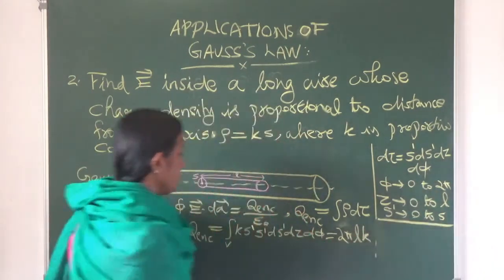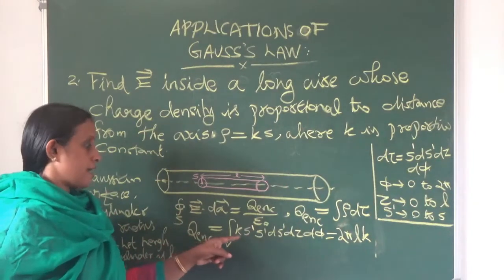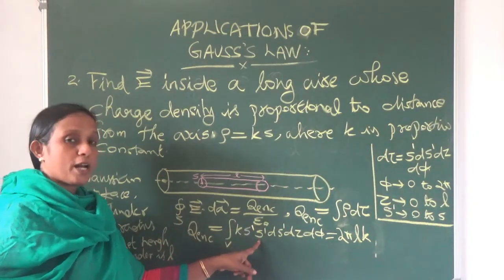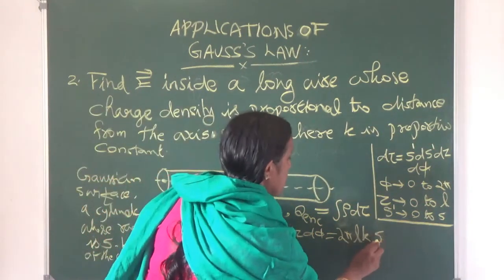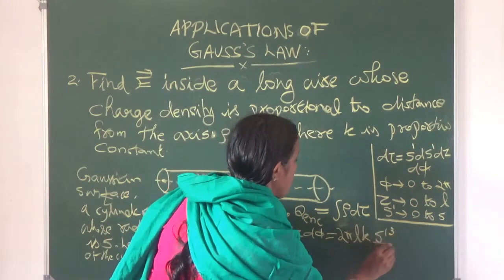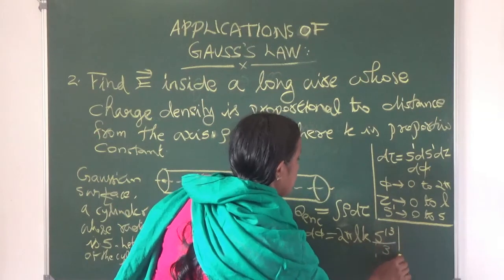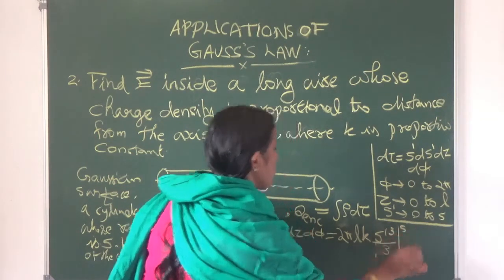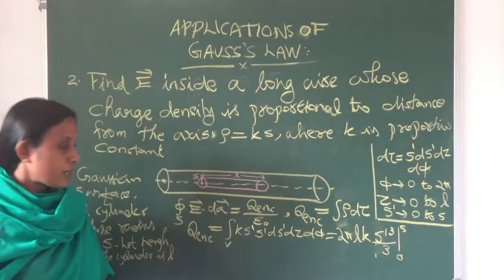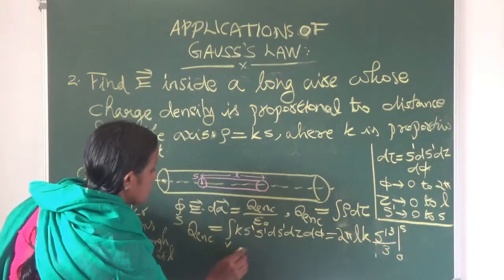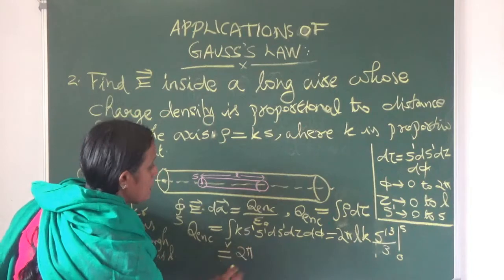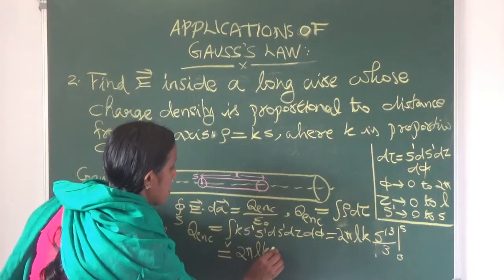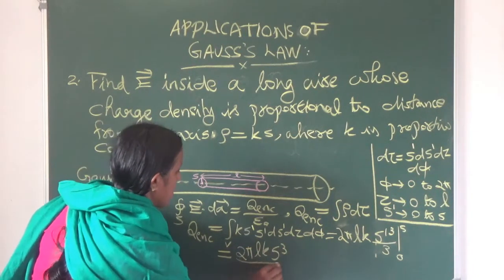Okay, 2 pi L K integral S prime square dS prime. So it gives you S prime cube by 3, integration running from 0 to S. Okay, so you get here, this is equal to 2 pi L K S cube by 3.